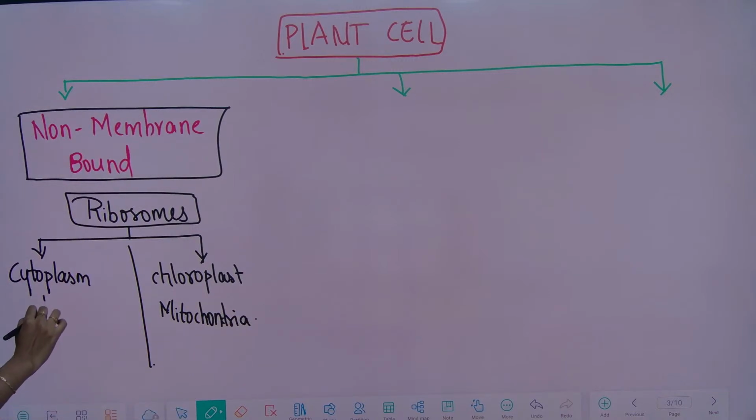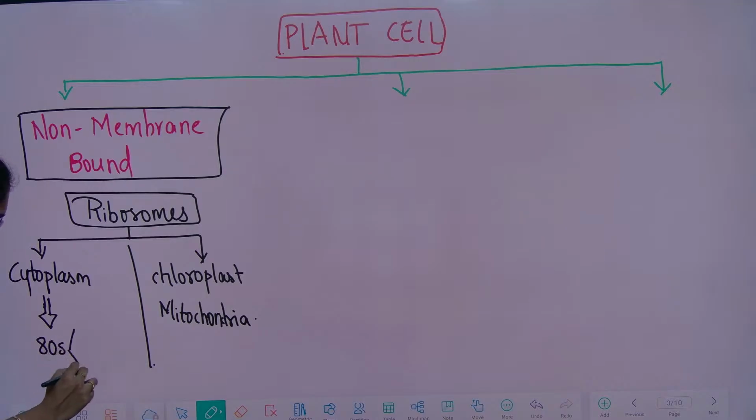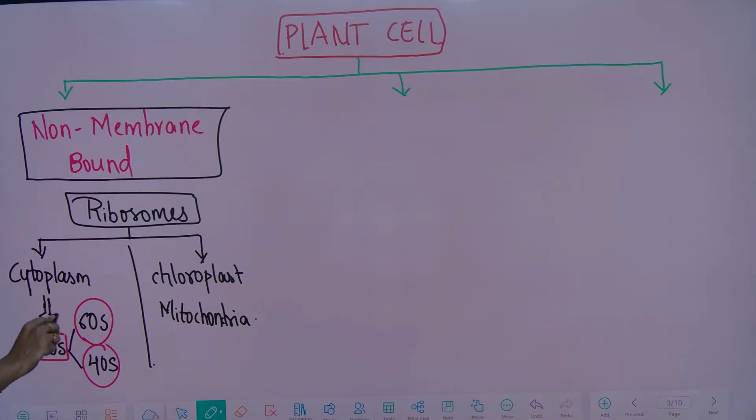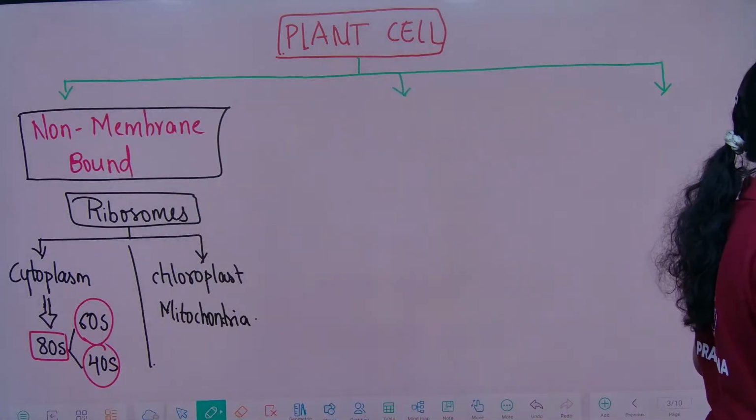Okay. What type of ribosomes do you see in the cytoplasm? In the cytoplasm, you observe 80S ribosomes, wherein the larger subunit is 60S and the smaller subunit is 40S. These are two different subunits of the ribosomes, that is, 80S ribosomes, which are present in the plant cell cytoplasm.